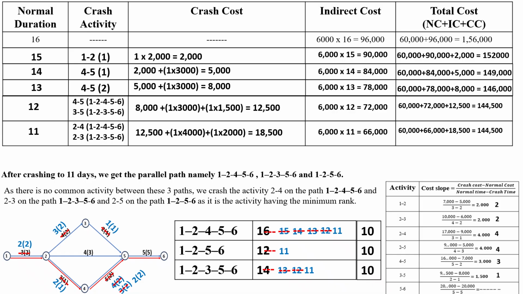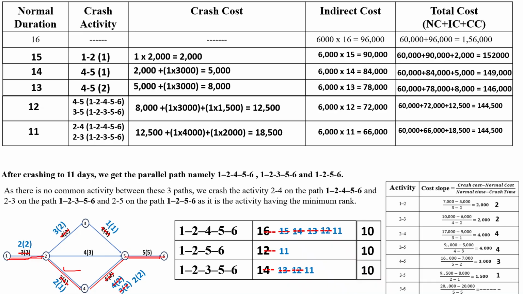In this regard, there is no common activity between these three paths, because for the path 1, 2, 4, 5, 6, the possibility of crashing is only for 2 to 4. And similarly, in the path of 1, 2, 5, 6, 1 to 2 is finished and for 5 to 6 we are not going for crashing.